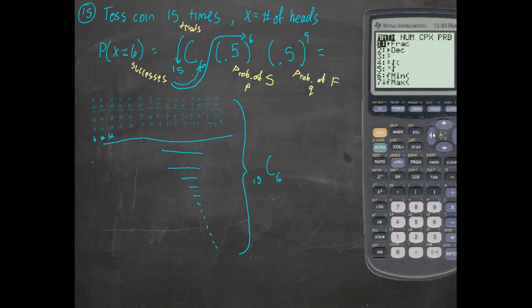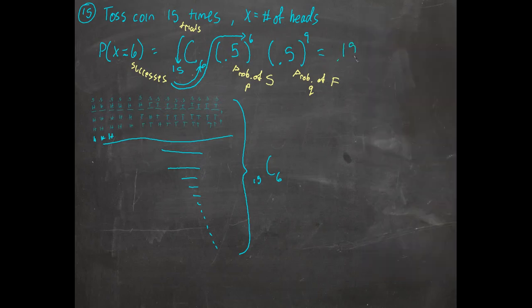15 get our combinations, that's 6. Let's just hit enter. Times 0.5 to the 6th times 0.5 to the 9th. So altogether we have a little over a 15% chance that this will happen. 0.1527. And I think it said 5,005 ways this could happen.